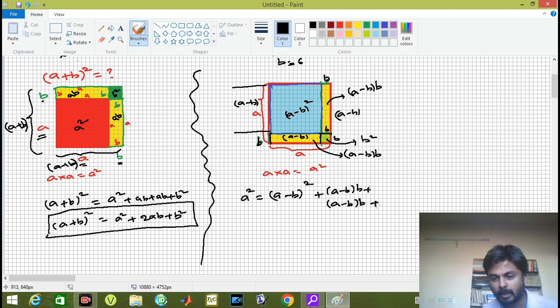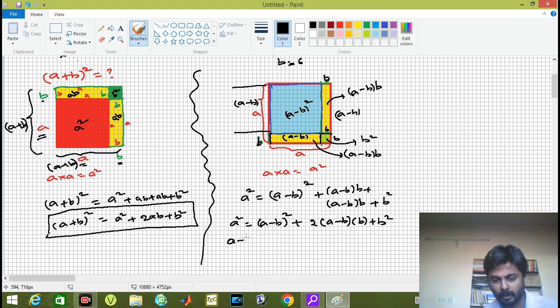Now this will be given by a square equals (a minus b) the whole square plus these two rectangles, 2 into (a minus b) into b, plus b square. Now I want to calculate this (a minus b) the whole square, so I take all other terms to the opposite side.